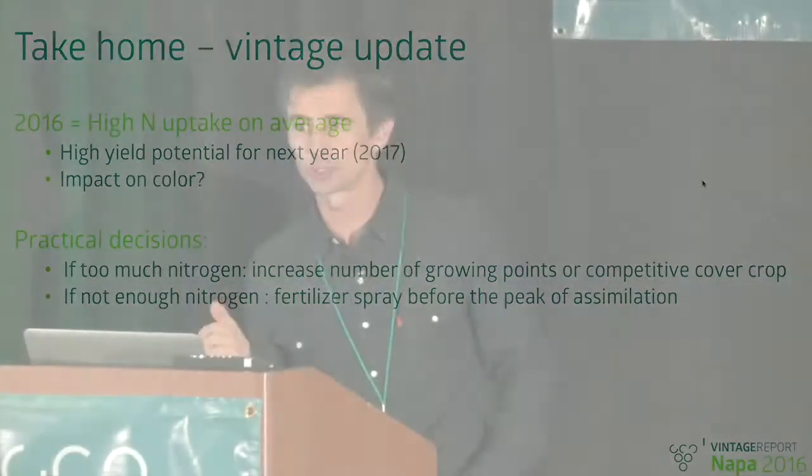Practical decisions attached to this analysis. If there is too much nitrogen, maybe for next year, or for the pruning decision if it hasn't been done yet, you could increase the number of points in order to spread this extra burst of nitrogen availability more evenly.